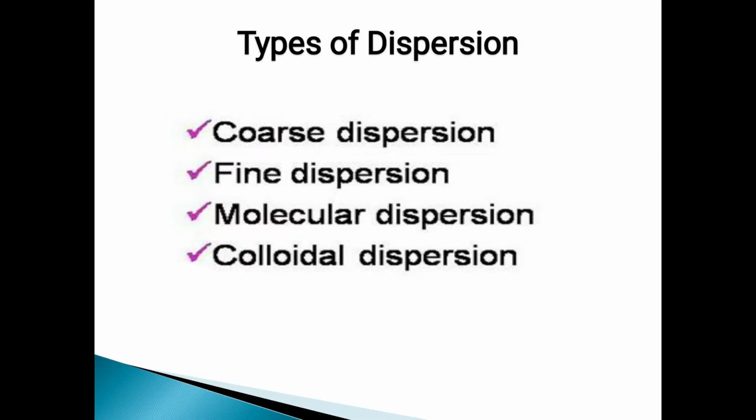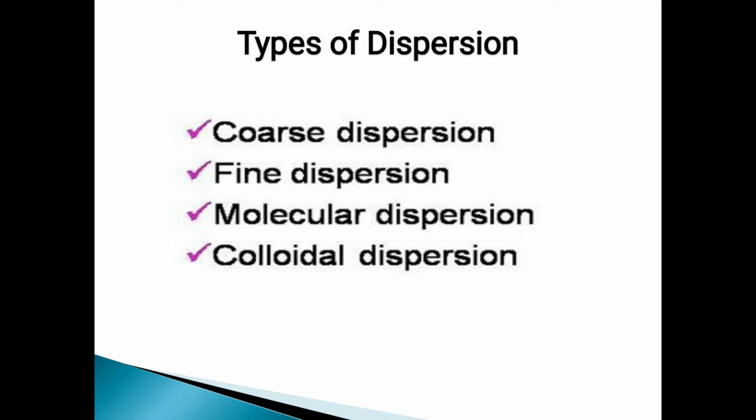Now, types of dispersion. The types of dispersion are as follows: coarse dispersion, fine dispersion, molecular dispersion, and colloidal dispersion. The types are mainly classified on the basis of particle size.